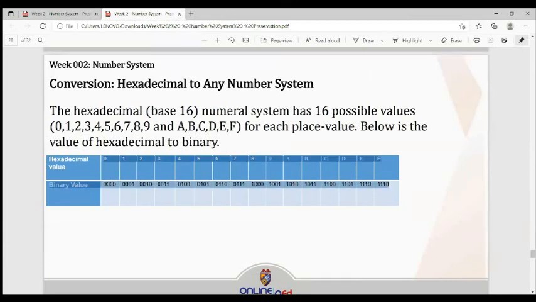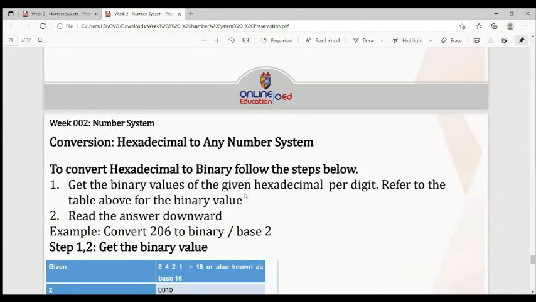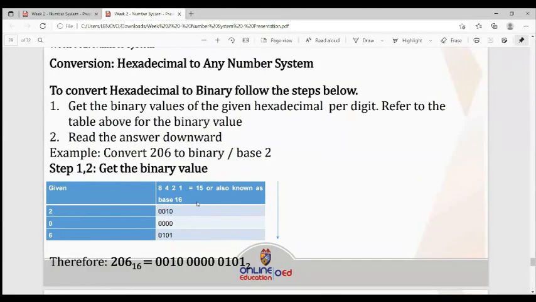Yan. So, makikita nyo 4 bit bawat equivalent. So, get the binary value of the given hexadecimal per digit. Then, read the answer downward. And then, example, convert 206 to binary. So, i-convert daw natin. So, si 206, i-convert muna natin siya into binary, 4-bit binary.